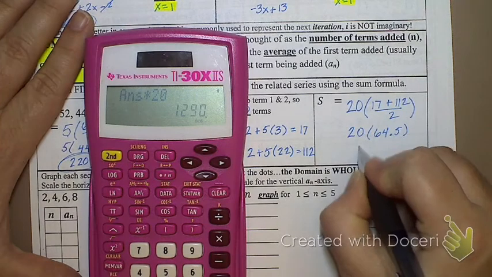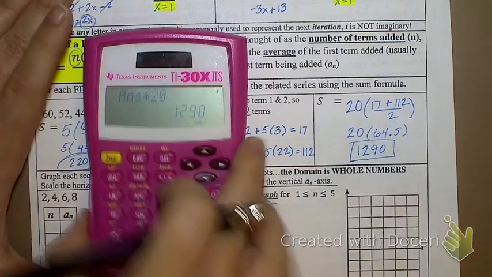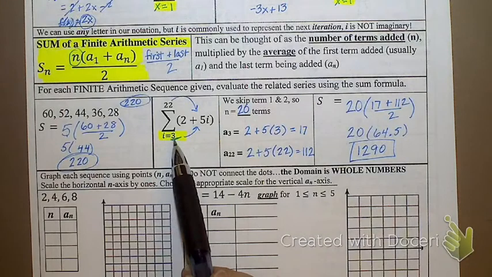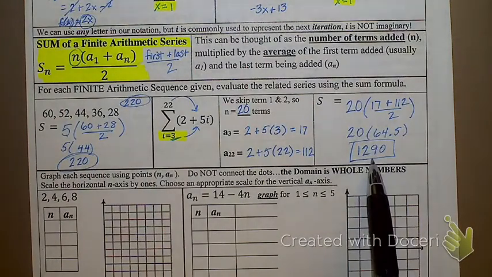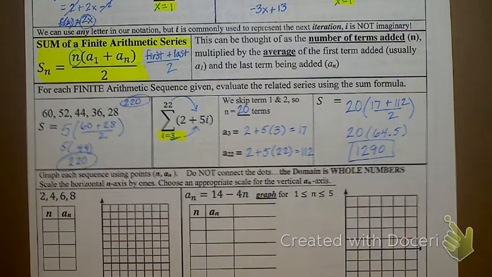Yep. So what is my answer representing? If I added terms 3 through 22 of that sequence, they would give me a result of 1290. Does that make sense? You guys are very quiet.